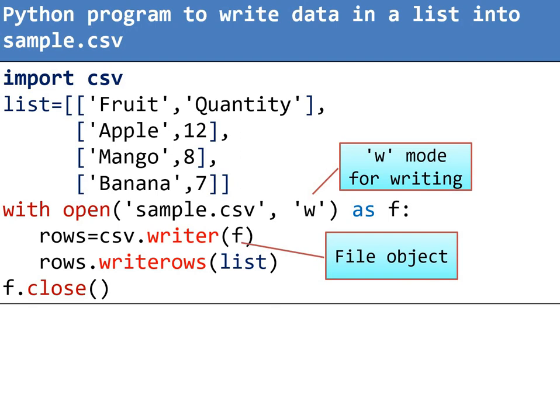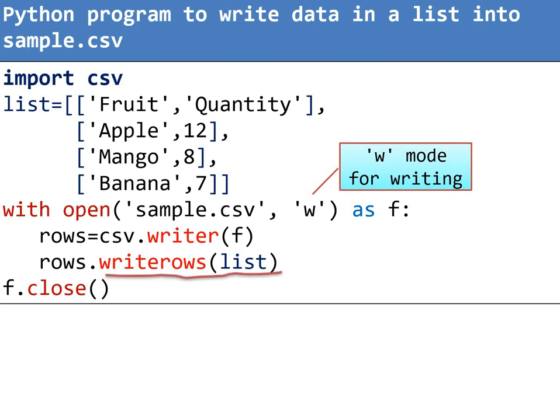To write the records into the CSV file, you use the writerows function. rows.writerows(list). Here list is the list which contains the data. Finally, you close the CSV file by giving f.close.